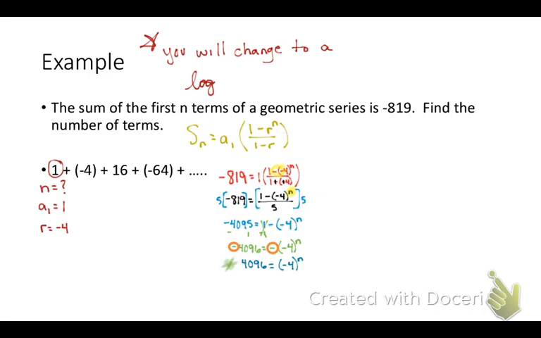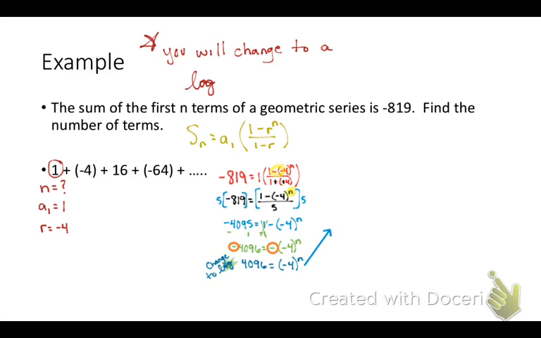Here is where we change it to a logarithm. Once you get just the exponent by itself, then turn it into a logarithm. So now I'm going to move it up top here.